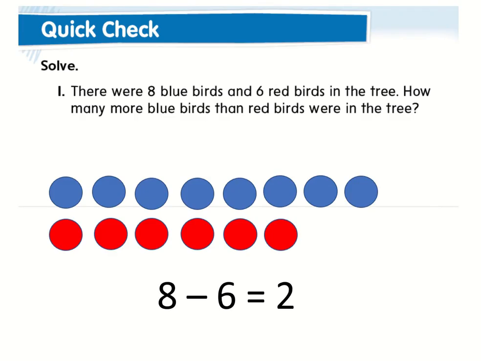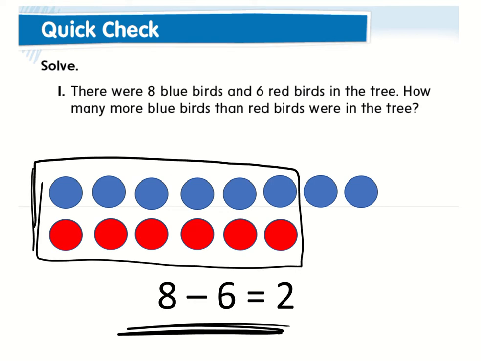So we're going to check on that real quick to see if you guys understand what this is going to be. So there were 8 bluebirds and 6 redbirds in a tree. How many more bluebirds than redbirds were in that tree? So even though we're saying more, we're still going to think of subtraction here on the bottom. Another way that you can do this is you can check and line up the circles like I have right here.